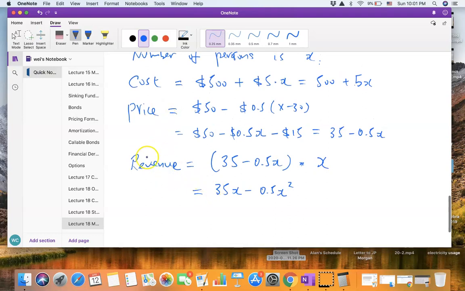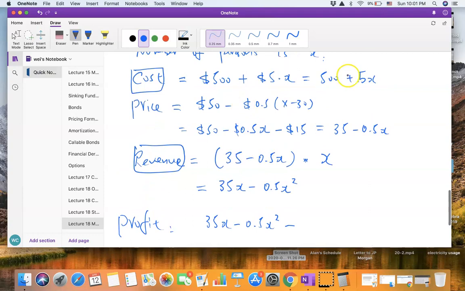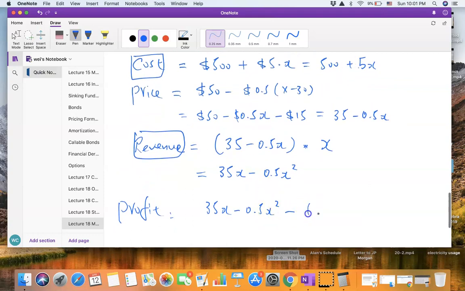So we have revenue and we have cost. So the profit is going to be 35x minus 0.5x squared minus the cost, 500 plus 5x.